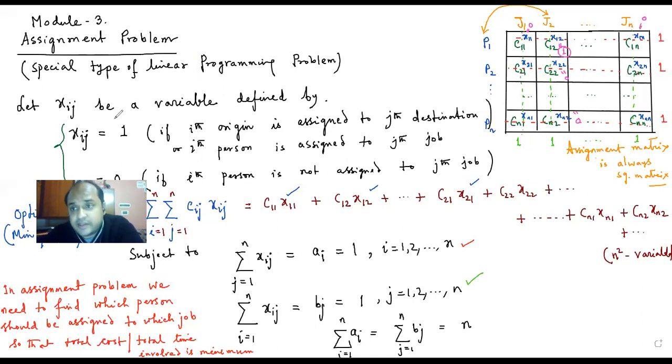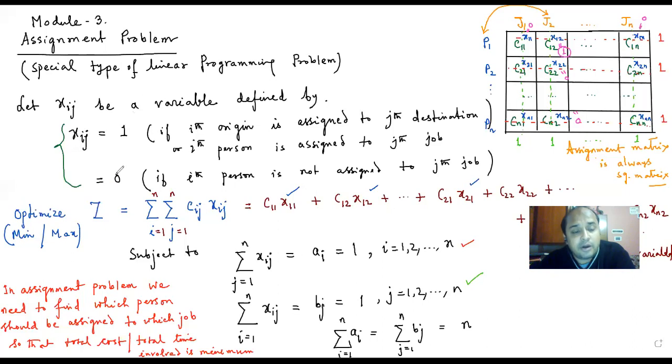So this is the reason for which the only possible values for the decision variables are either 1 or 0. And so I have made you understand why it is written that xij equals 1 or 0.